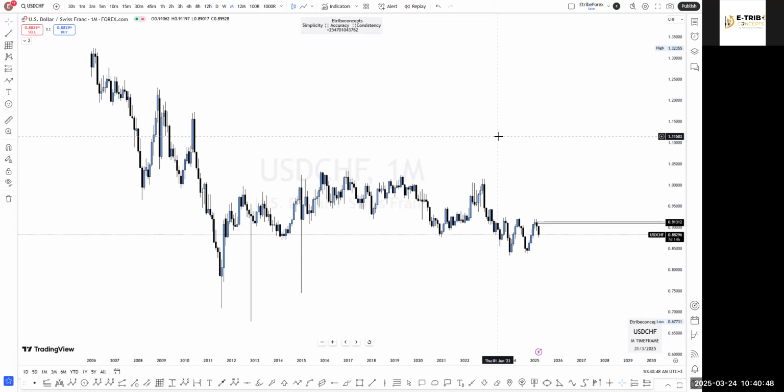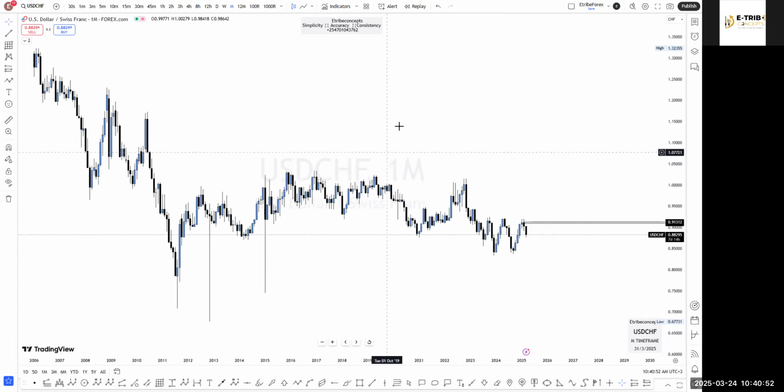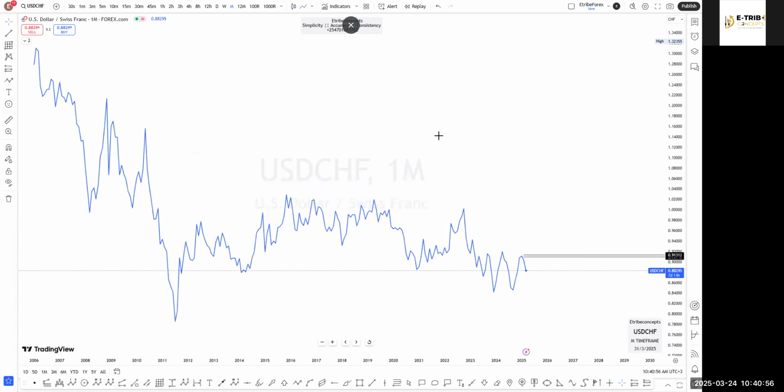One problem, I'm not able to multitask. But anyway, so USDCHF, what do we have? The monthly time frame. Hold on.